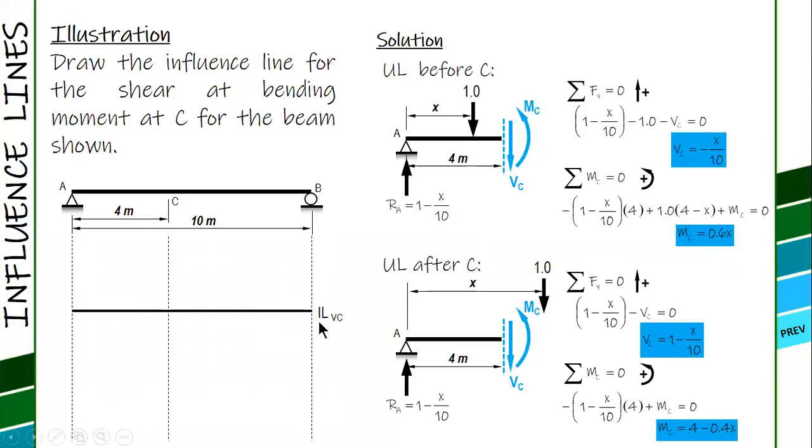So influence line for shear at C. Okay. Kining equation is from E to C nisa, meaning ang x nimo 0 to 4. So gamito nimo when x is 0, 0, diba? And when x is 4, that's negative 0.4. Mo ni siya. 0 tapos negative 0.4, i-plot din nimo.